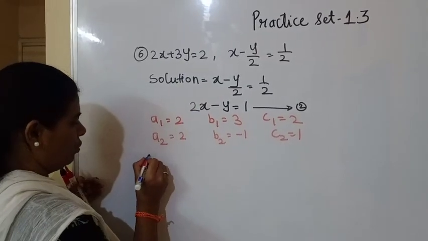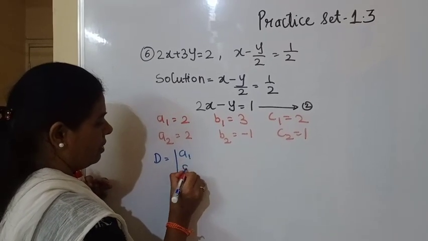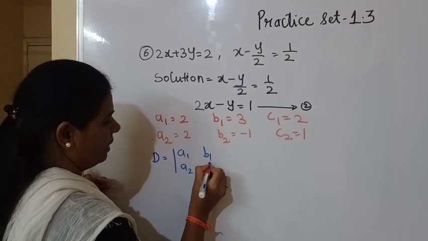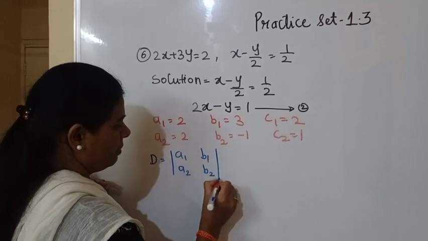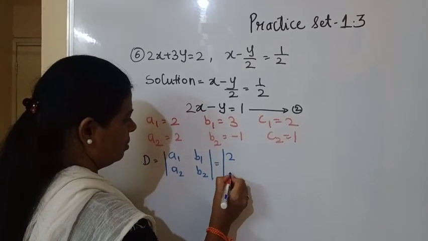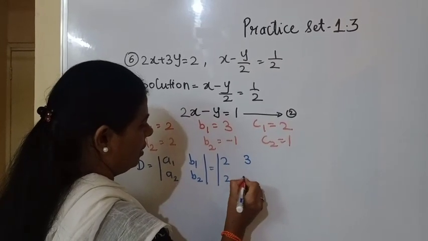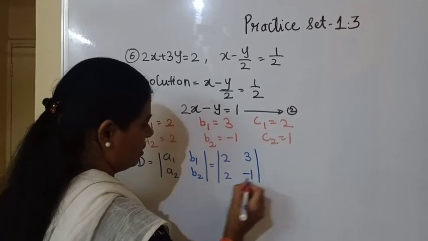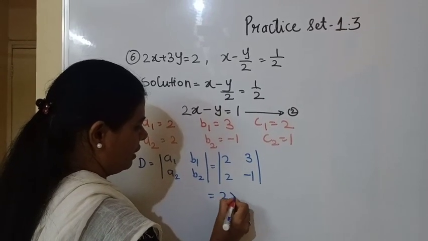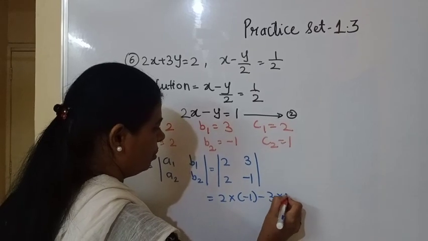Now we will find the value of d. d equal to, the formula is a1 a2 b1 b2. Okay, so substitute the values. a1 is 2, a2 is also 2, then b1 is 3, b2 is -1. We'll cross multiply, that is 2 into -1 minus 3 into 2.